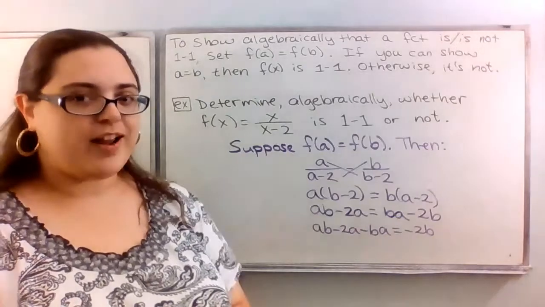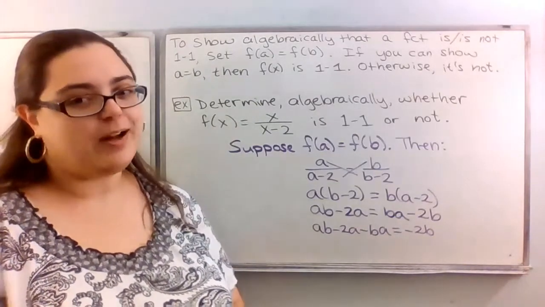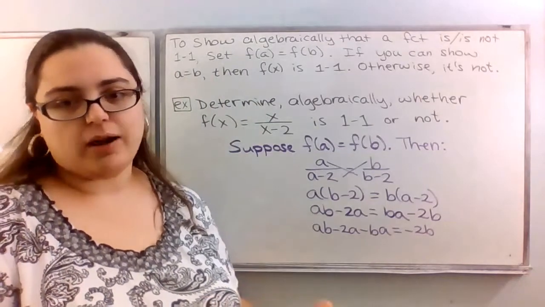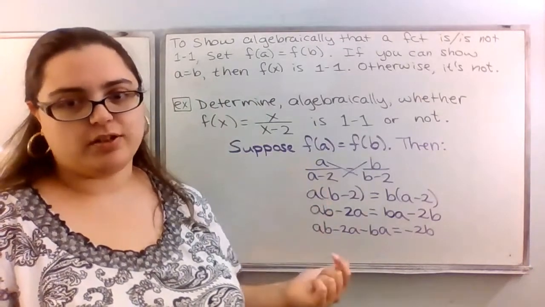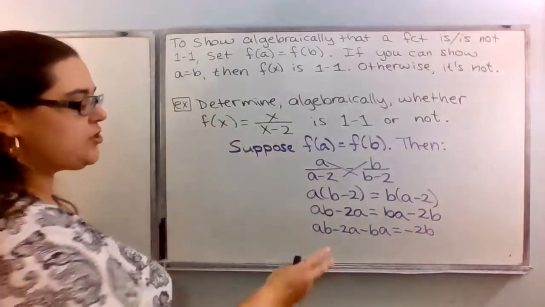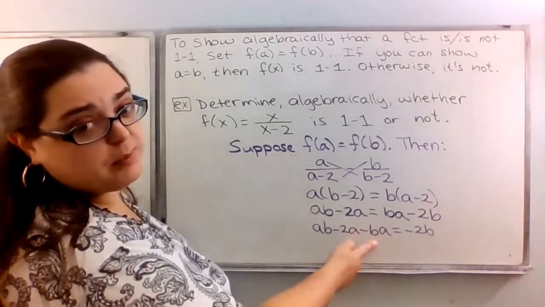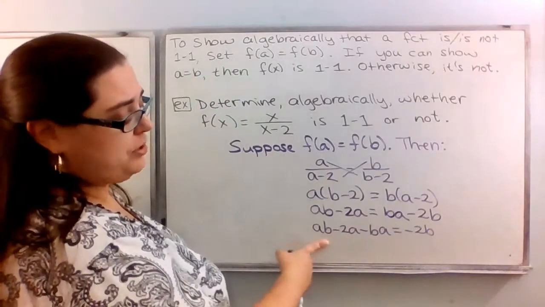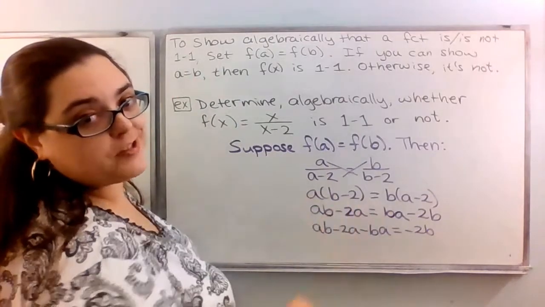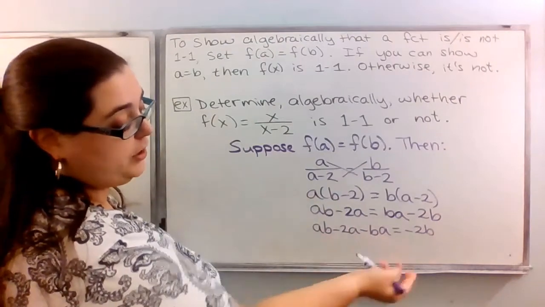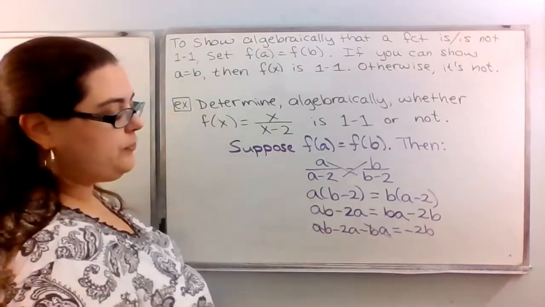And this is where our friend, the commutative property, is going to help us out. So the commutative property says if you're multiplying, it doesn't matter what order you put things in, you'll get the same thing. So in this case, that means that ab and ba are the same thing. Right? 2 times 3 is the same as 3 times 2. Order doesn't matter. So if I have ab minus ab, they cancel each other out.